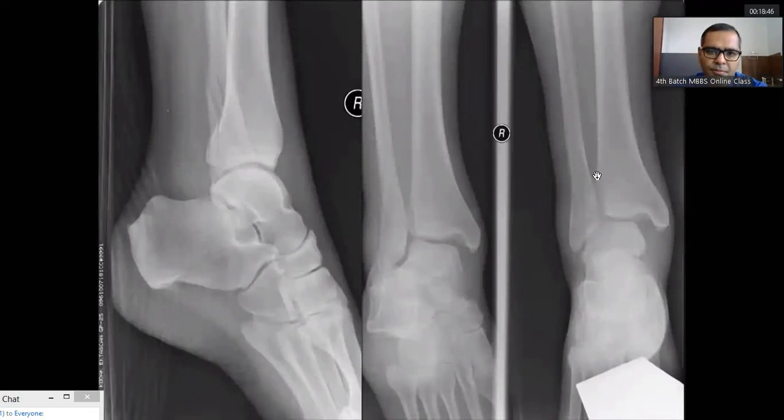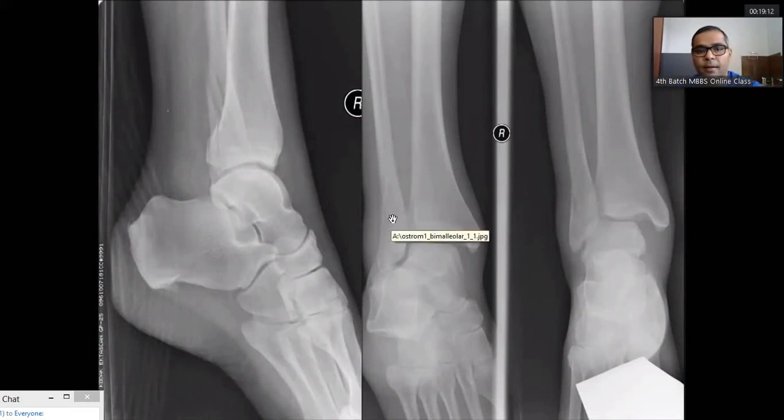Coming to this picture, in the lateral view we can see the typical long oblique or spiral fracture, and there is some fracture in the posterior malleolus also. You can see it right here. And there is a gap on the medial side. There is talar tilt. There is significant injury on the medial side, the posterior side, and the lateral malleolus.